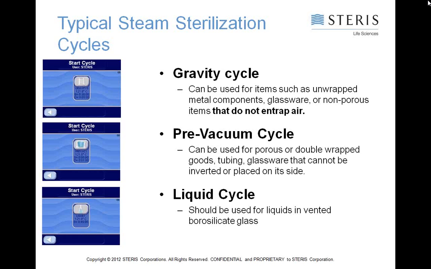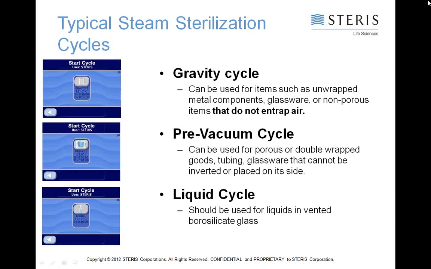We've had an exposure time, and then when it comes time, of course, to exhaust the chamber and cool the load, we can't let up on the pressure that's in the steam sterilizer right away. We have to slowly let that out so that the liquid kind of comes down gradually while still being under pressure. So those are your three basic sterilization cycles: the gravity, pre-vacuum, and the liquid, by which we perform the sterilization.